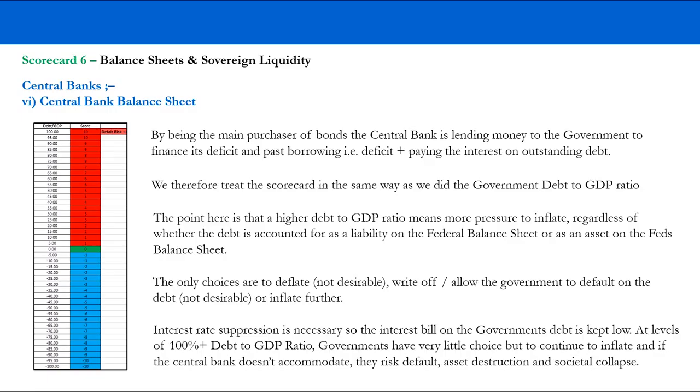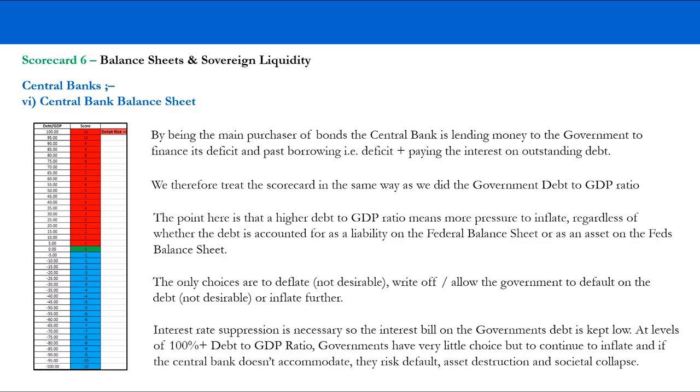So we therefore have to treat the scorecard in the same way as we did when we looked at the government debt to GDP ratio. So it's basically the same thing. The debt is just being transferred. The point here is that a higher debt to GDP ratio just means more pressure to inflate further, regardless of whether the debt is accounted for as a liability on the Fed's balance sheet or as an asset on the Fed's balance sheet.